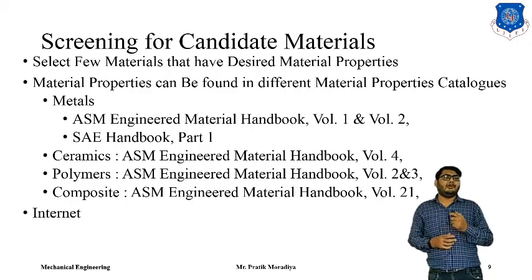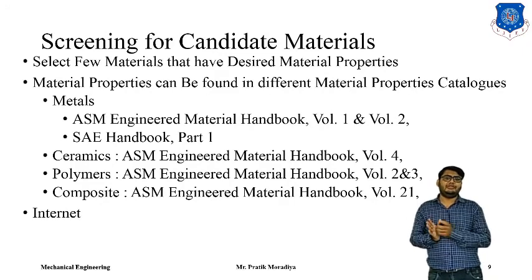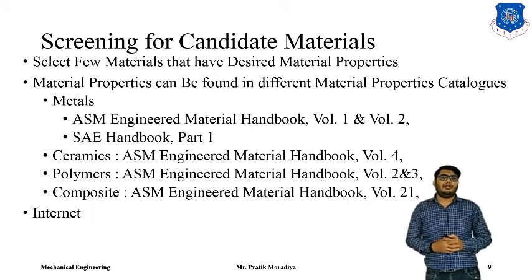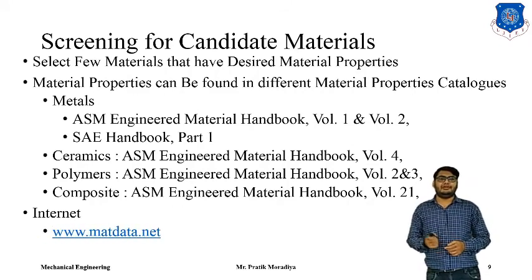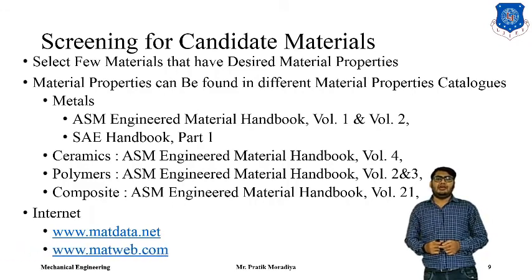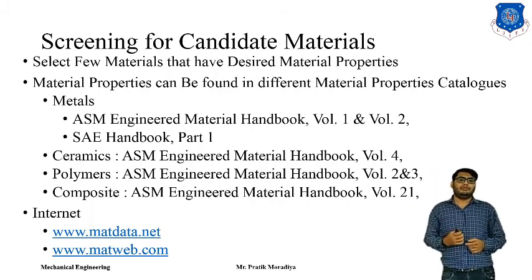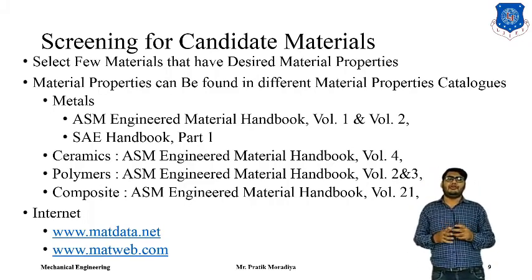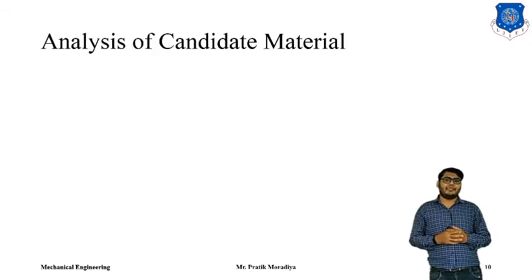And we also have some internet sources, online sources, as many of these databases have moved online. There are two mainly referred sites. One is matdata.net and the other one is matweb.com. These sites also give you a comprehensive list of materials with their properties which we require.